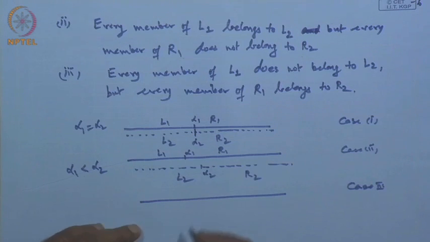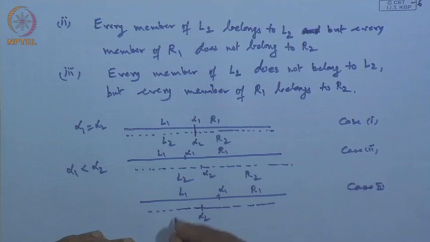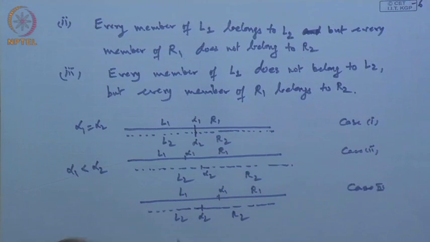Then the third case is, if we take L1 R1, this is alpha 1 and this is alpha 2, L2 R2. So, every member of L1 does not belong to L2. So, it means L2 is a subset of L1. So, the position is alpha 1 is greater than alpha 2.